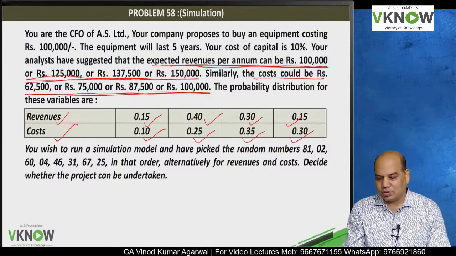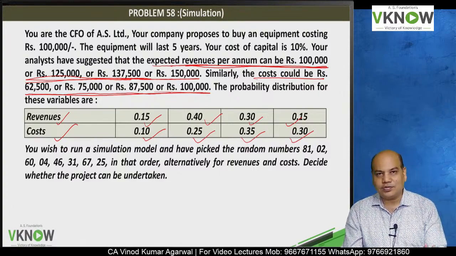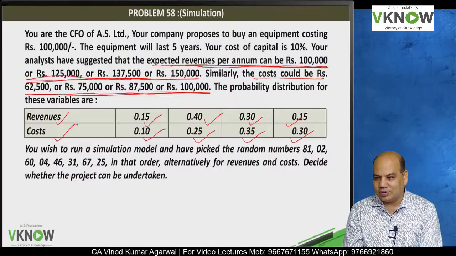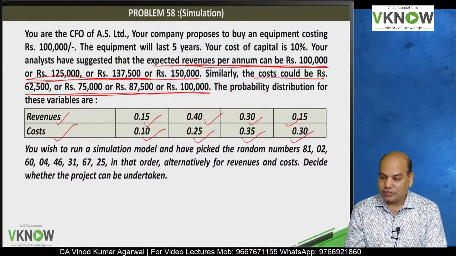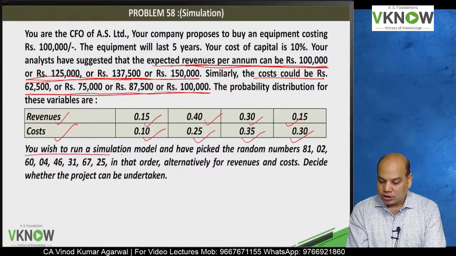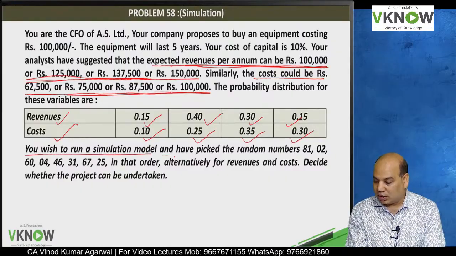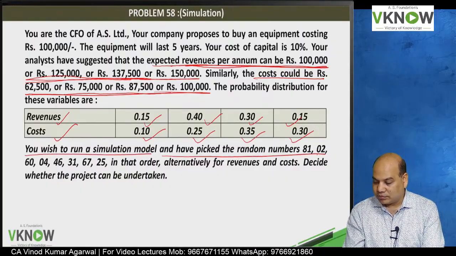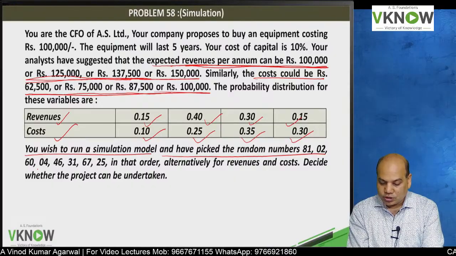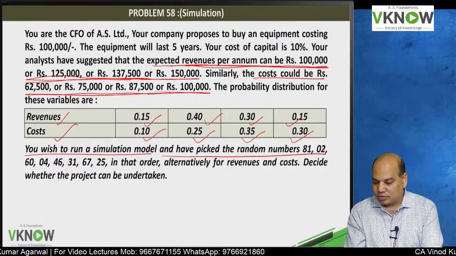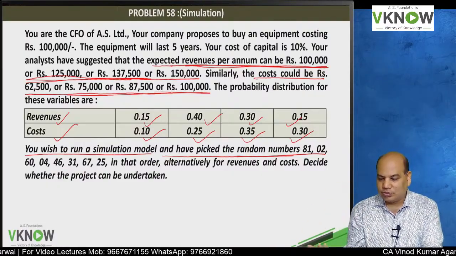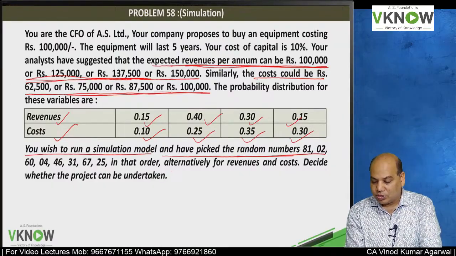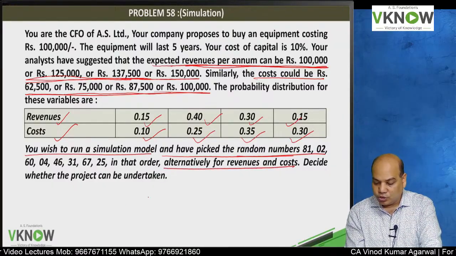As far as calculations are concerned, it is very simple and very mechanical, but it has a lot of real life application. You wish to run a simulation model and have picked up the random numbers 81, 2, 64, 46, 31, 67, 25. These are random numbers, and you got these numbers alternatively for revenue and cost.